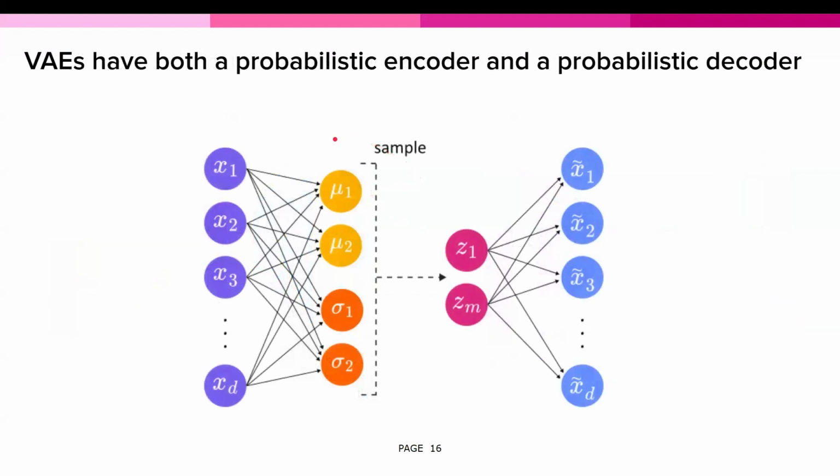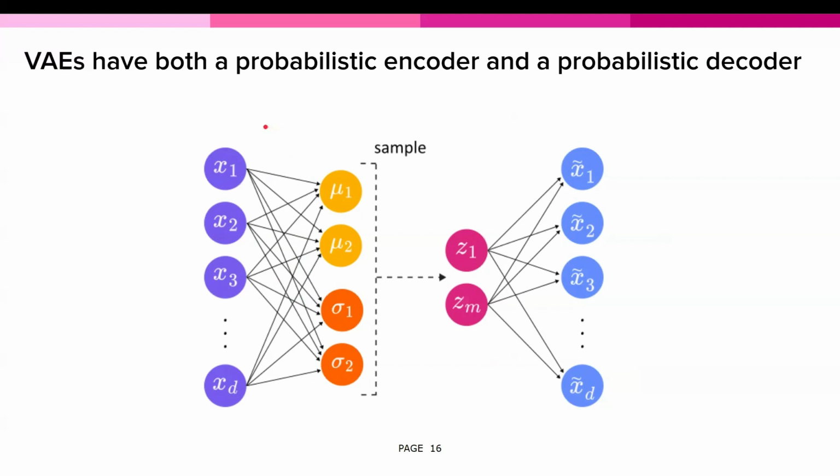So to illustrate what a VAE does, we're going to focus on that simple case of a VAE based on Gaussians. What this means is that both the encoder and the decoder are designed with probabilistic assumptions about their outputs.